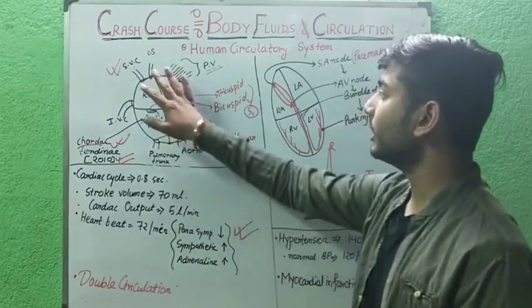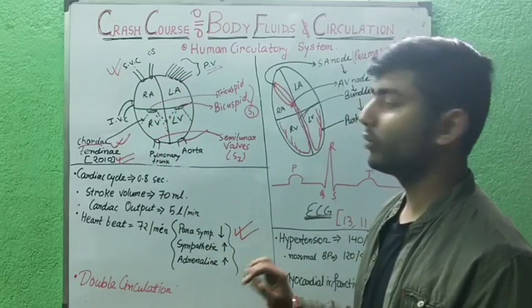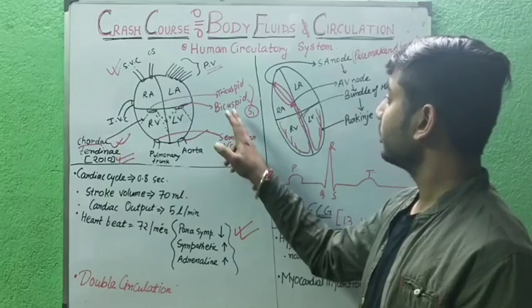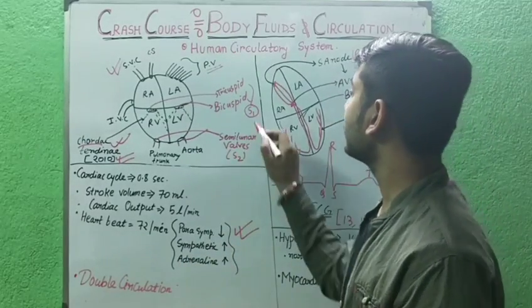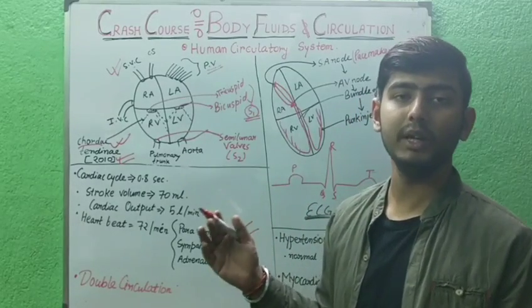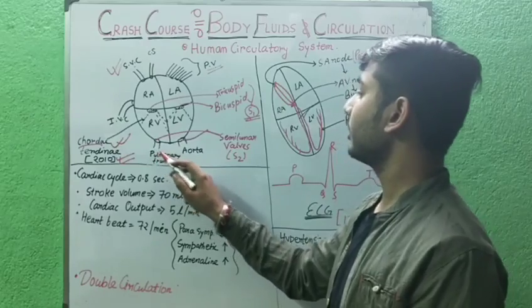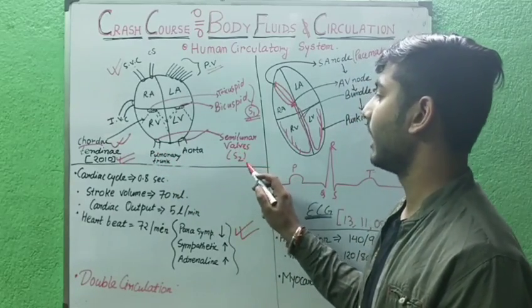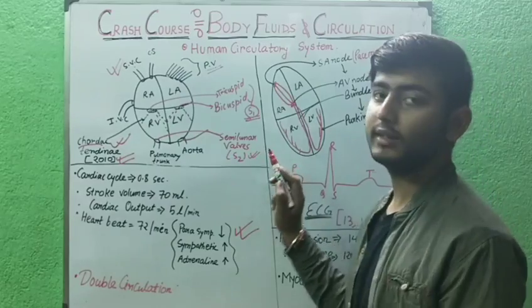Now when the blood is coming into both atria, after the atria it will go into the ventricles. So closure of the tricuspid and bicuspid valves will cause S1. S1 means the first heart sound, actually not beat. First heart sound, S1. And the closure of the semilunar valves of both the pulmonary trunk and aorta will produce S2, the second heart sound.